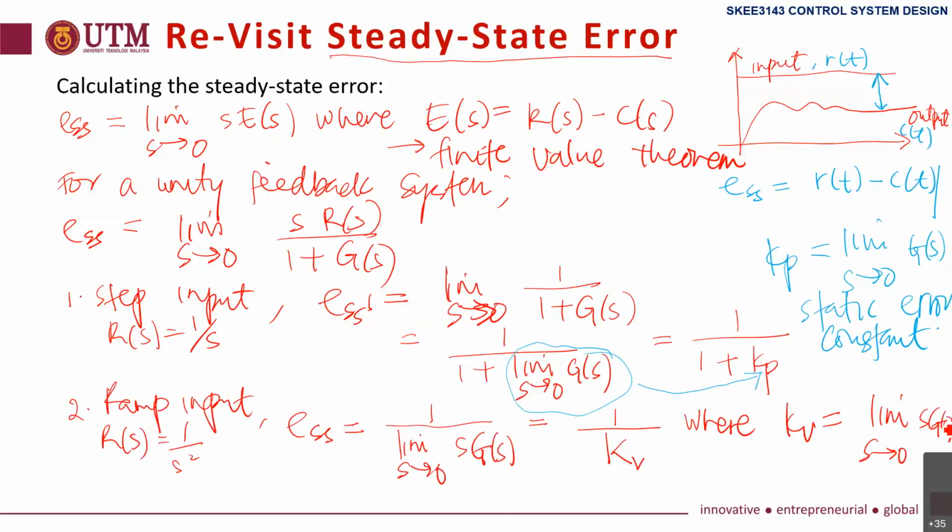This is another static error constant. V refers to velocity. Why velocity? Because we are using ramp input. We actually differentiate position, the step, and we get ramp. Okay, we call it Kv.